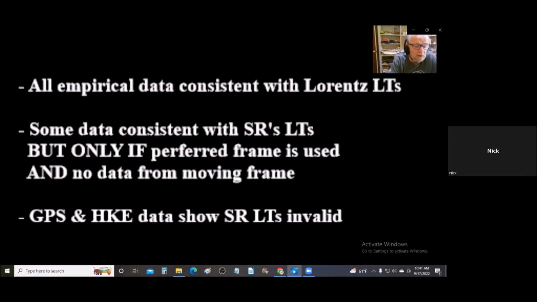For the first time, the data from GPS and the Hafele-Keating experiment get data both from the base frame and the moving frame, and that data is asymmetric and shows that there's a physical effect and not a symmetric effect as special relativity predicts.